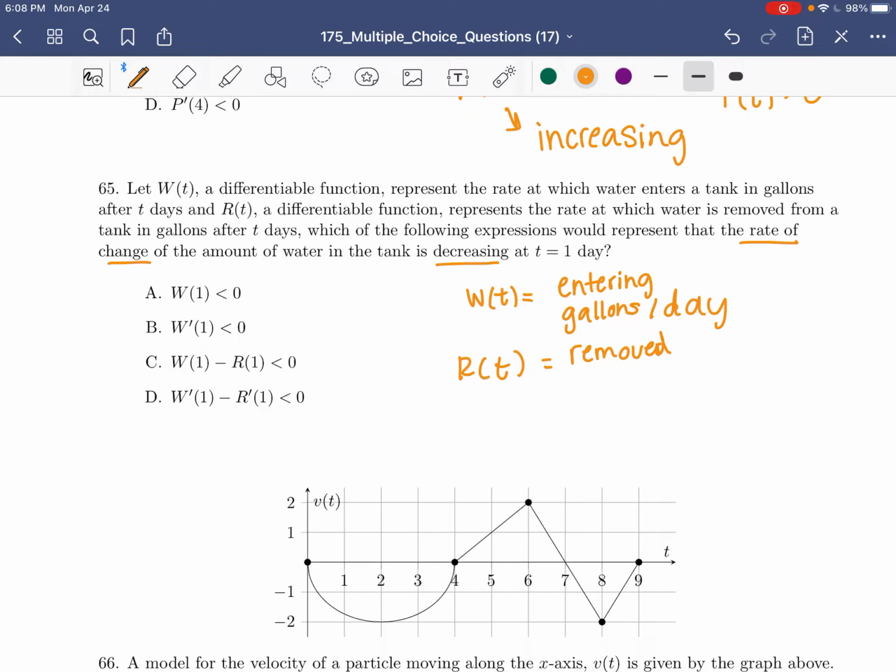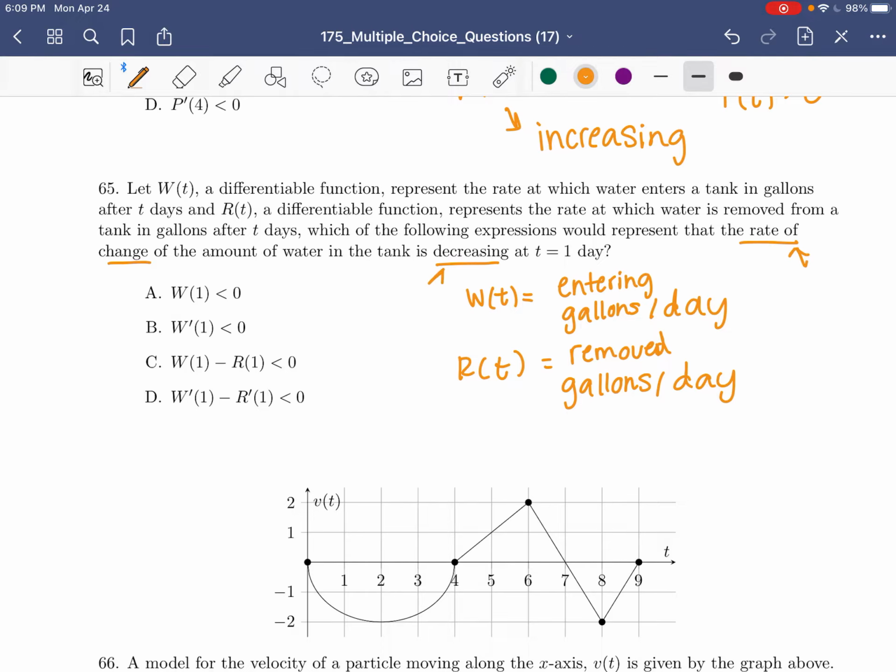And then removed is also gallons per day. So we're trying to see which of the following expressions would represent that the rate of change of the amount of water is decreasing at t equals 1 day.